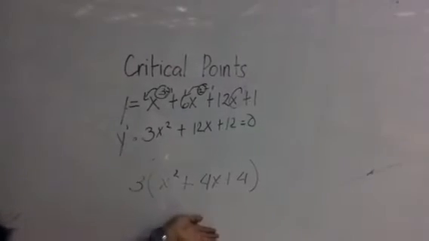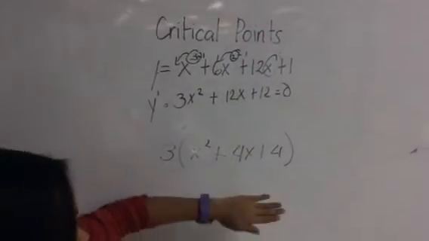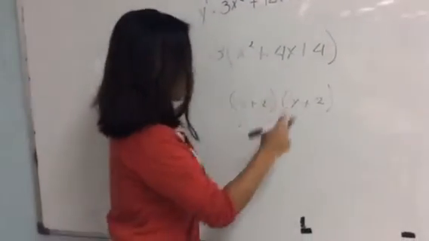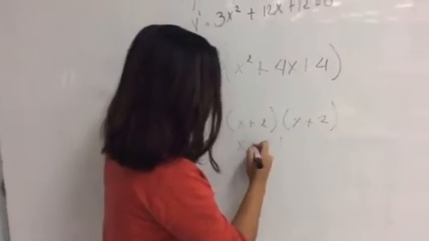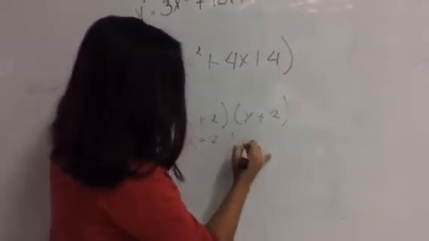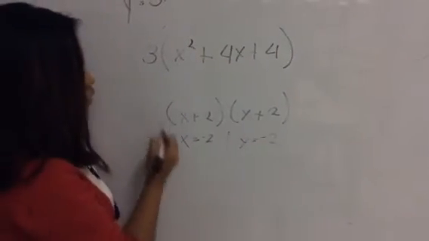So we get now, we have to get the factors of our given. So for x to become a whole number, x equals, the sign will change, -2, and x equals -2. Now we have our critical points.